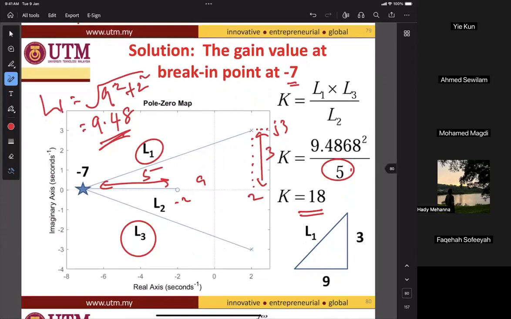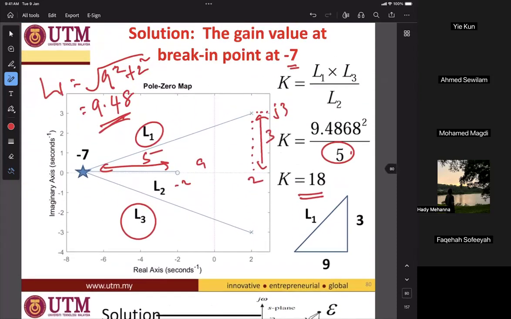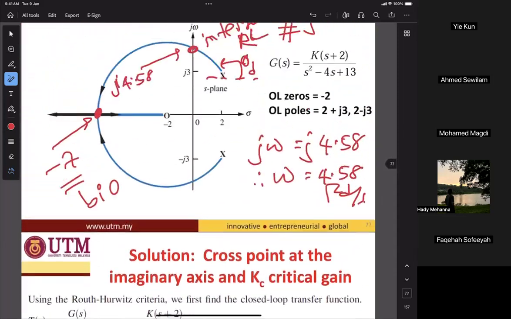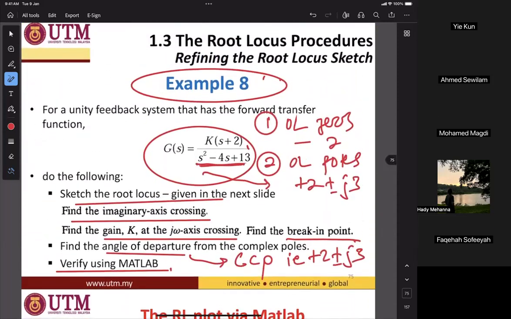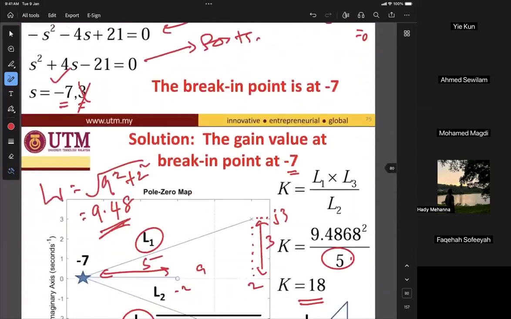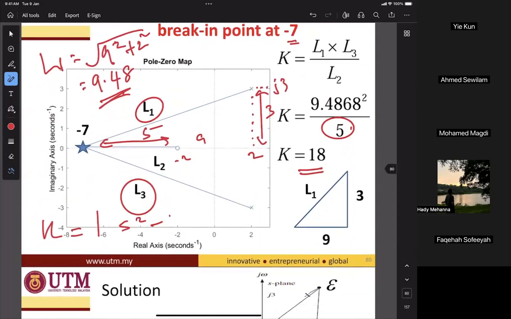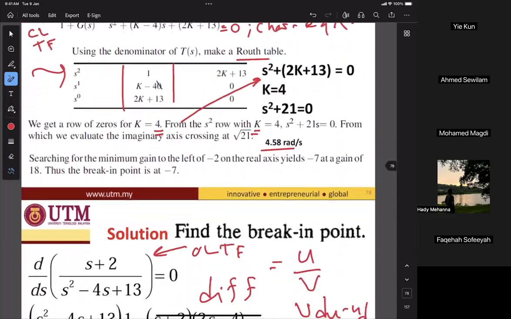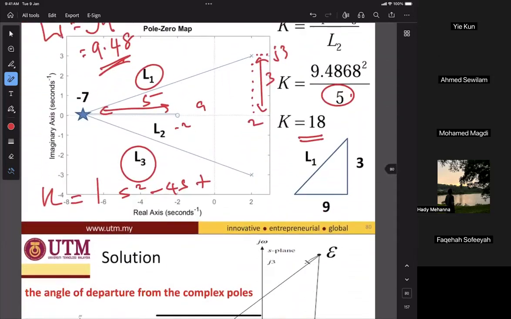Or if you don't want to use this, you can use the formula that I taught you, which is S square minus 4S plus 13, divided by S plus 2.